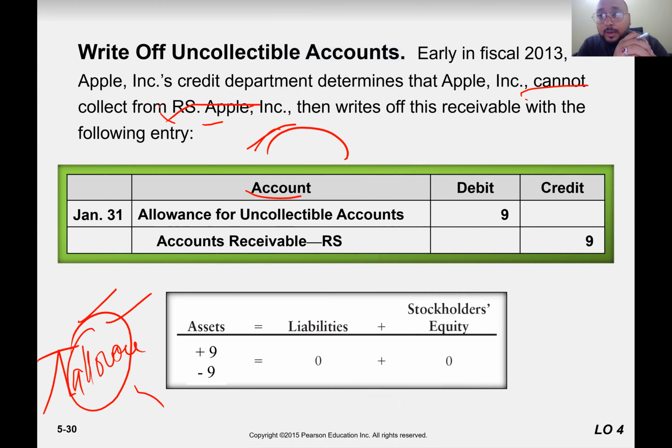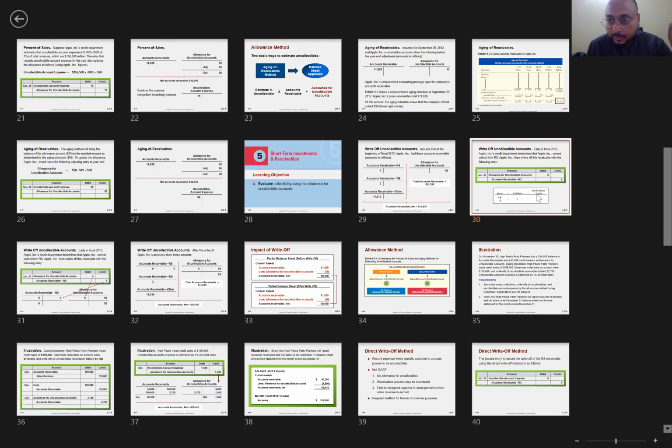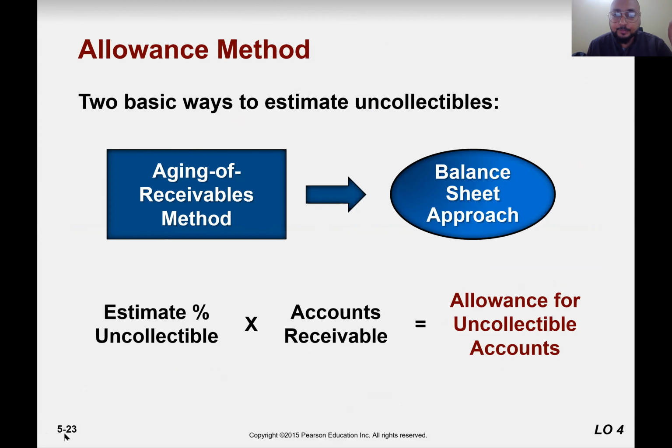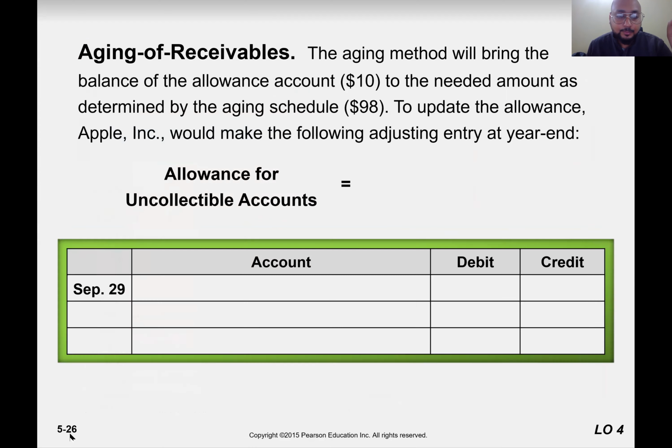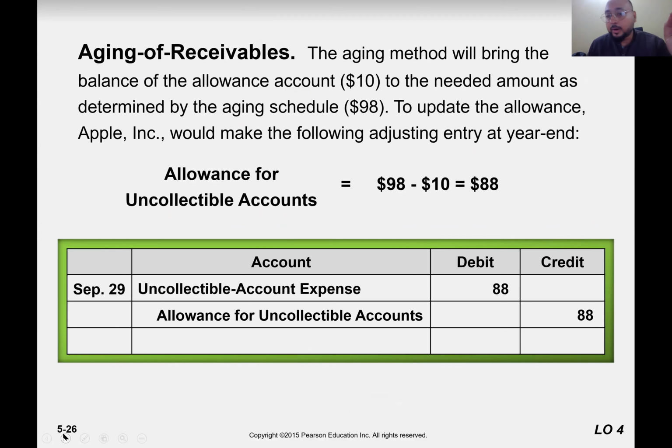Remember, uncollectible expense we already charged through this entry. At the start of the year, we already charged expense to allowance for uncollectible, right? So we already sent the $88 million to the income statement.